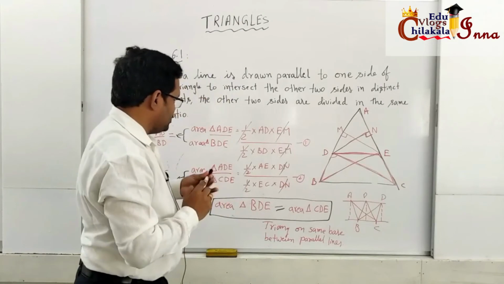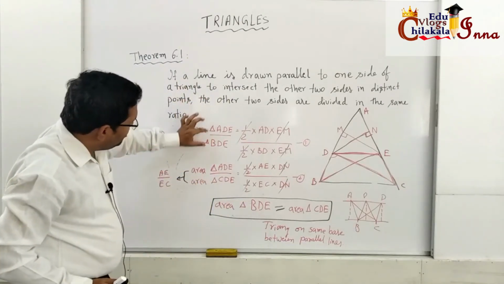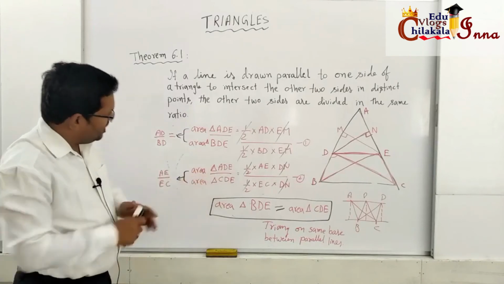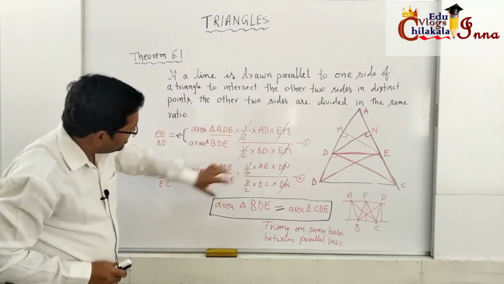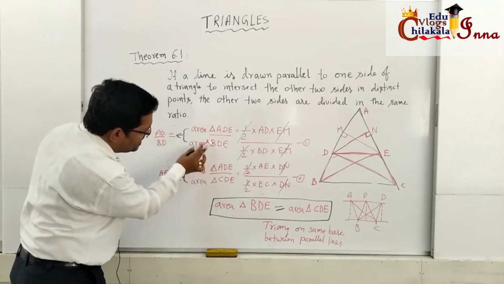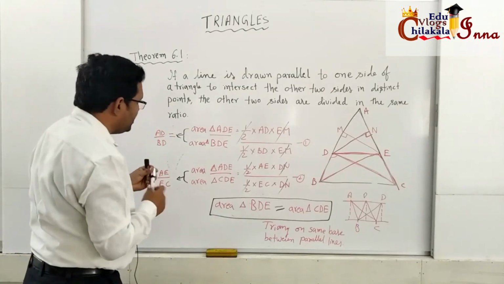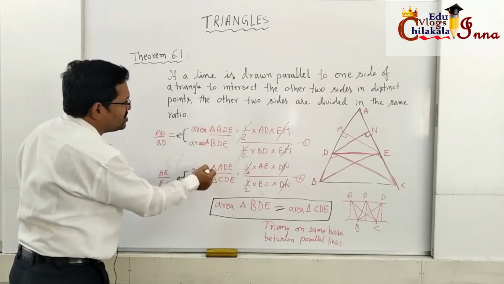Very good. So now we can say the area of ADE by BDE and ADE by CDE are equal, because BDE and CDE are equal.